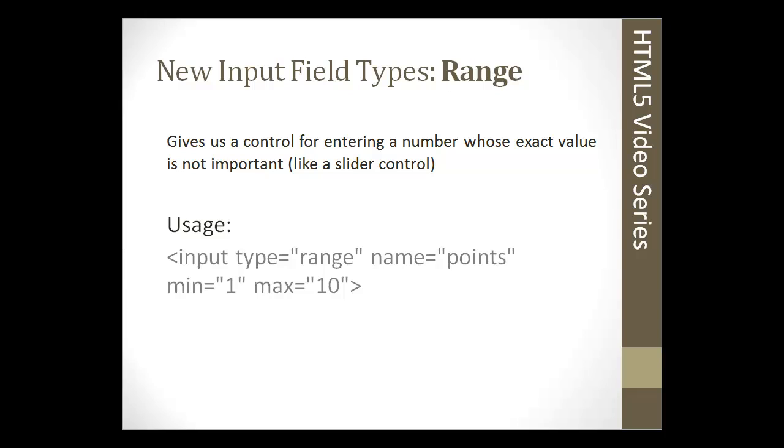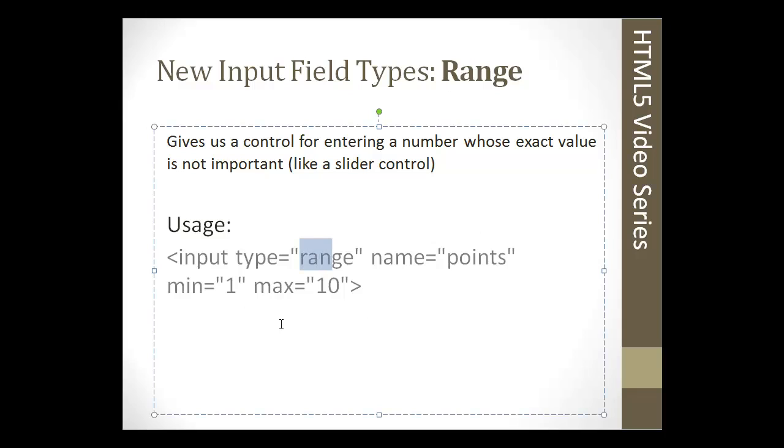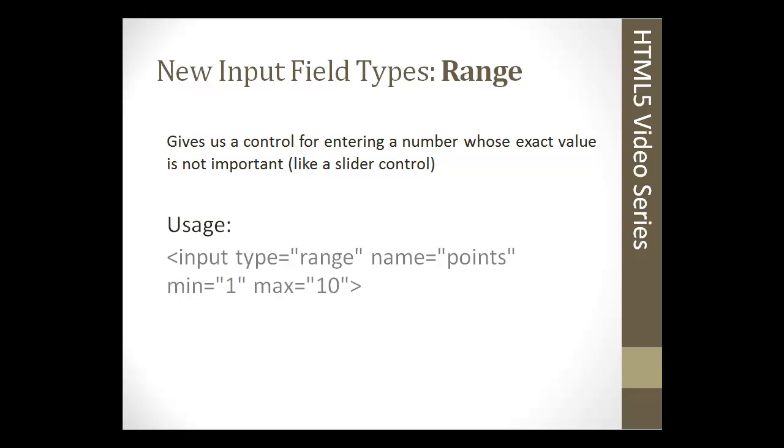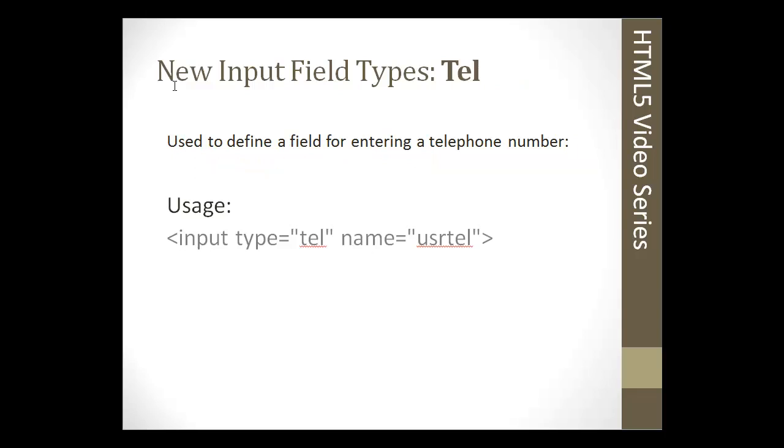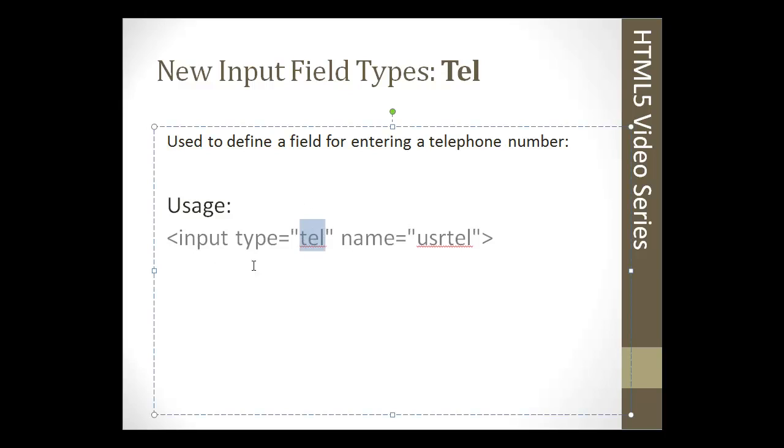In usage, you'd have the type range, and then you could actually specify a minimum and then a maximum, and you'd have a slider that would go in between those ranges. Very cool. Okay, so next we have the tel input, which is used for a telephone number. So if the field isn't a valid telephone number, you'd get a pop-up saying that.